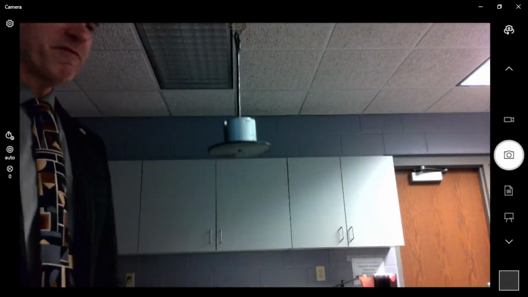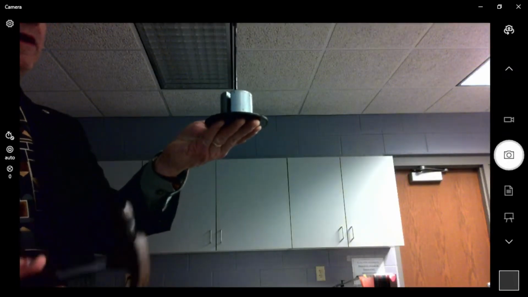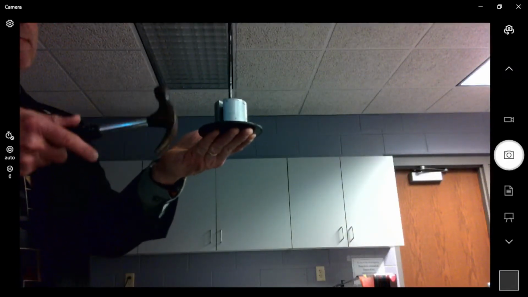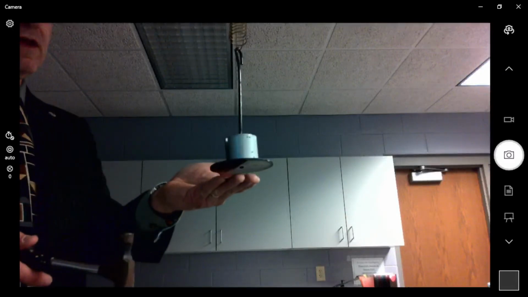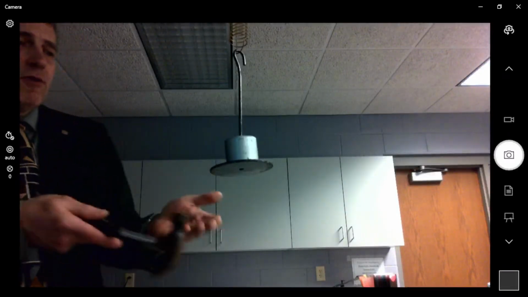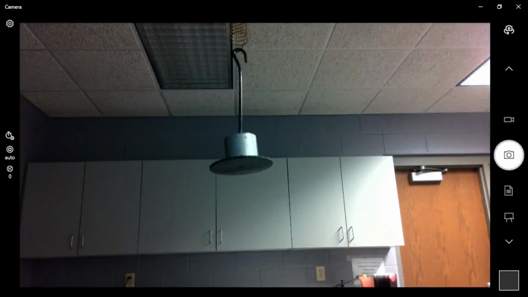You know this from your physics days, but you have this energy that's imparted by the hammer into this spring mass system. And so this is more of a physical thing than turning on the lights.